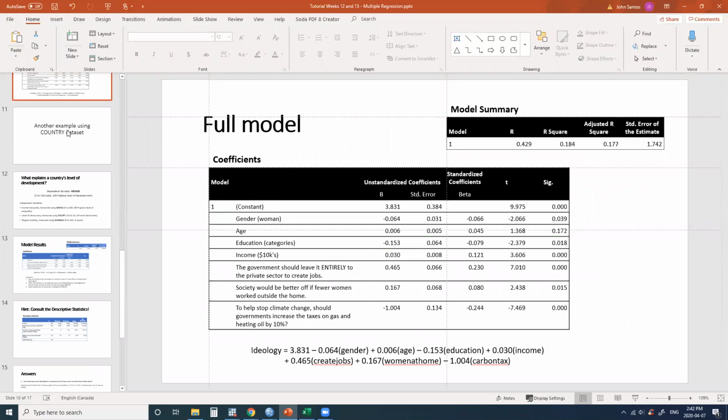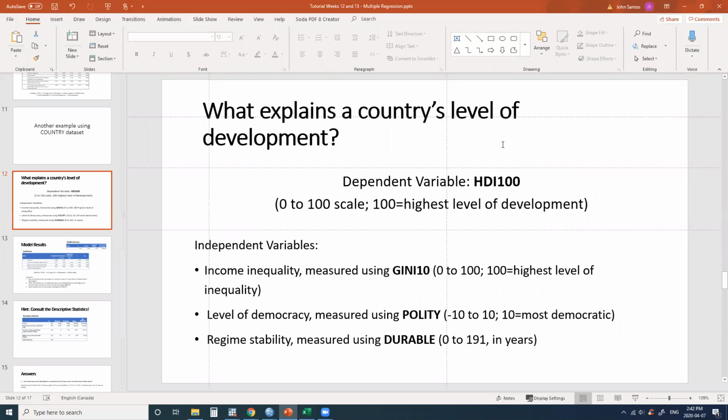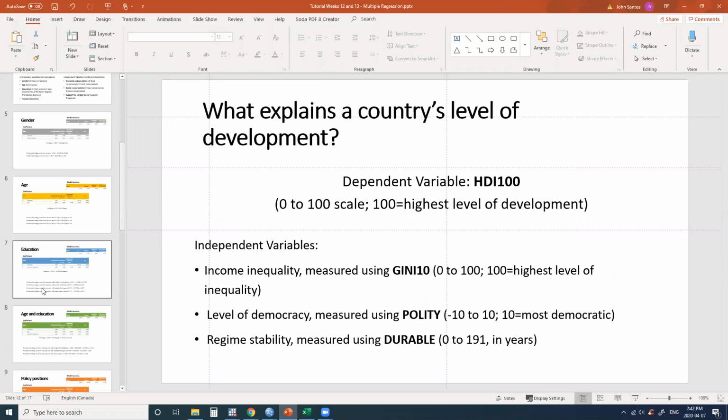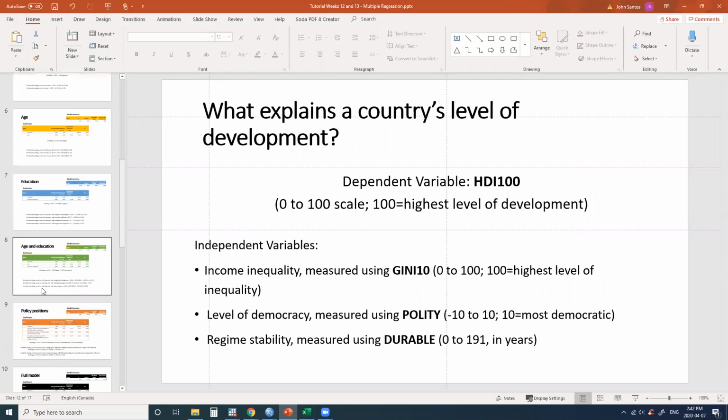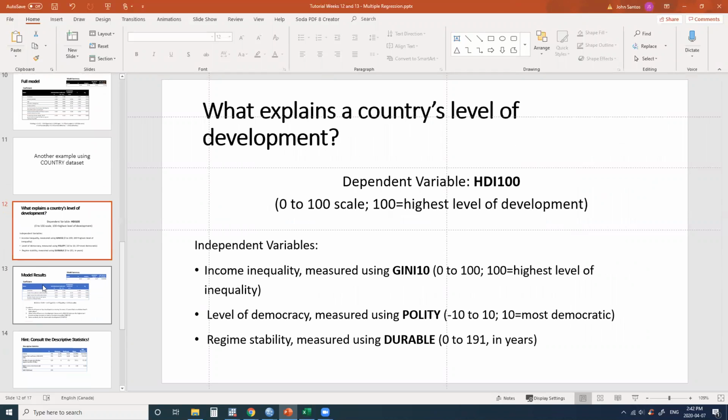I've just added another example using the country data sets. So I am going to upload the revised slides if folks want to practice with that. Does anyone have any questions?